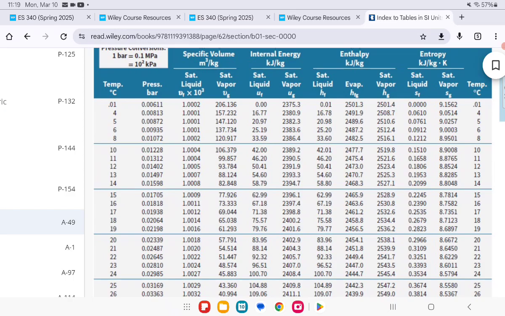So in order to find that, again, I'll take down these values. Look at 10 degrees Celsius: SF, the saturated liquid value of entropy, is 0.1510, and the units are kilojoules per kilogram Kelvin. So it's 0.1510, and the saturated vapor value is 8.9008.